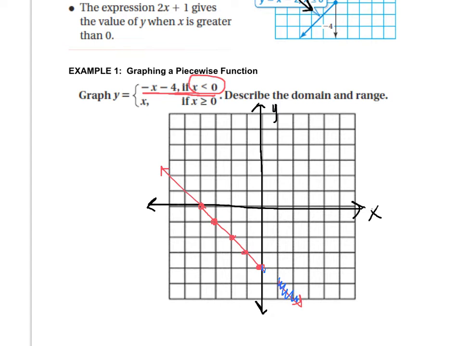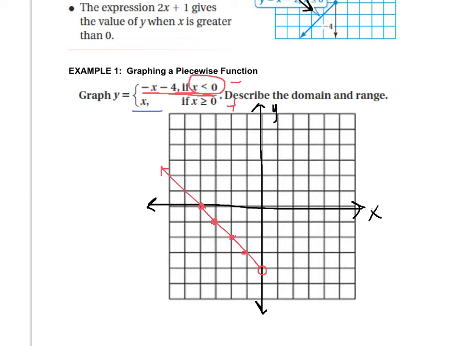So I'm going to erase this whole part of my line, and I'm also going to change that 0 to an open circle because I'm not technically, according to the rules, allowed to include 0. So I'm using all the negative numbers here, and then when I do the other one, I'll get all the positive numbers, including 0. So this line shows me that it's the line negative x minus 4, but it only includes negative x values.